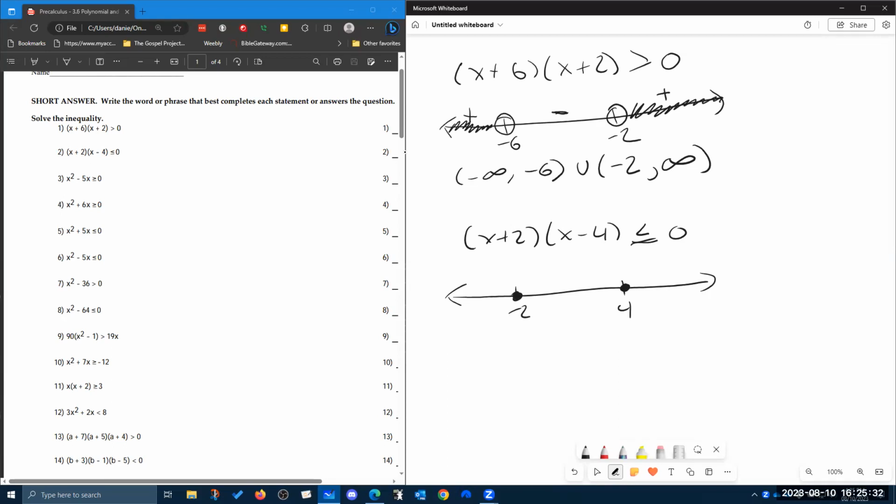When we stick in a number greater than 4, we have a positive sign. Then when we stick in something between -2 and 4, we get negatives. And when we stick in something less than -2, we'll get positive. We want things that are less than 0, which is negative. So our solution set this time is -2 included to 4 included.